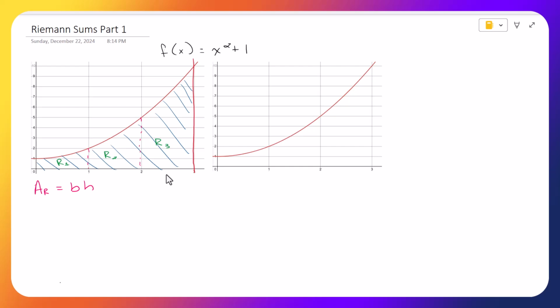And then our base for all 3 of these rectangles is going to be 1. So the area of all of our rectangles is 1 times our height. And the height is where things get tricky.